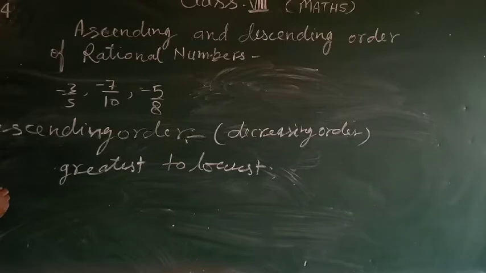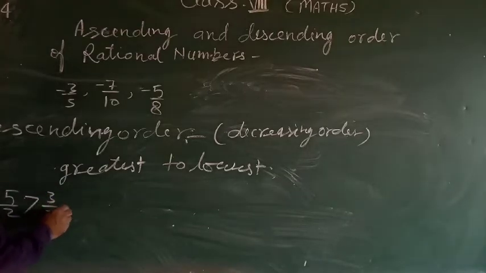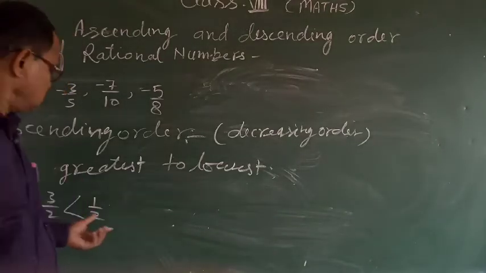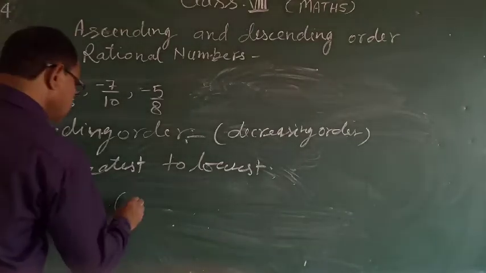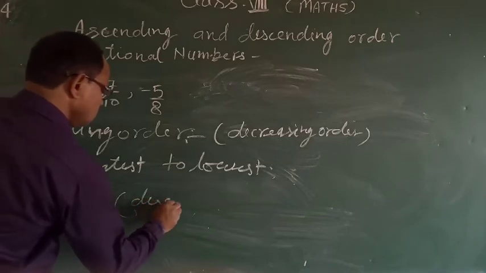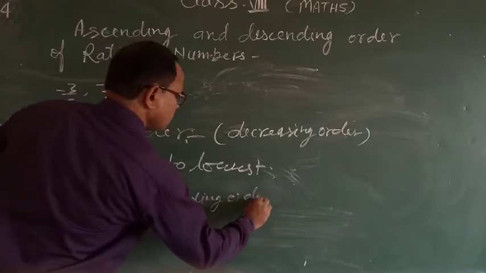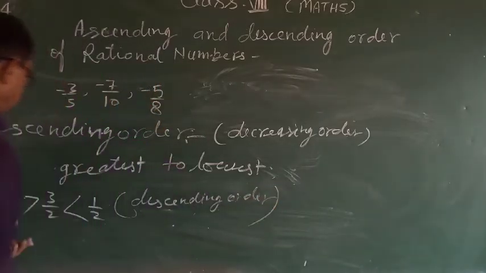As in the first example, 5/2 is greater than 3/2 is greater than 1/2. It is in descending order. Okay, students?